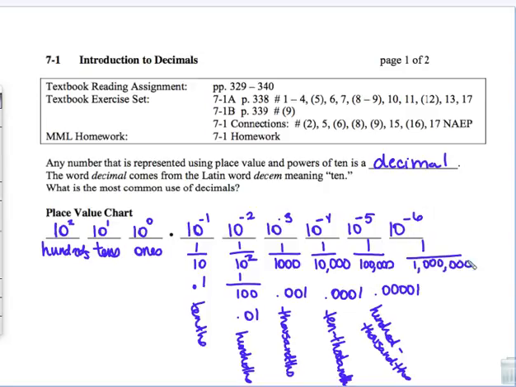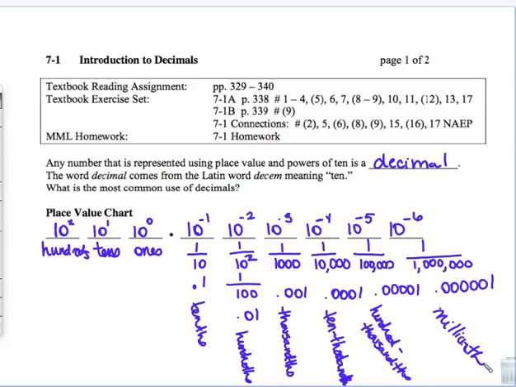Decimal version of that would be decimal point 0.000001. So once you're in that position, this is now the millionths place. And so just wanted to have that in your notes. I know you could find that online or in your textbook as well, but it's a good reference for you to have.